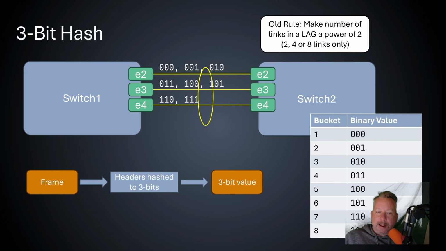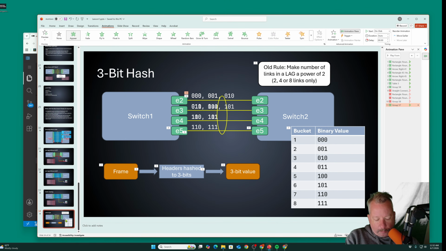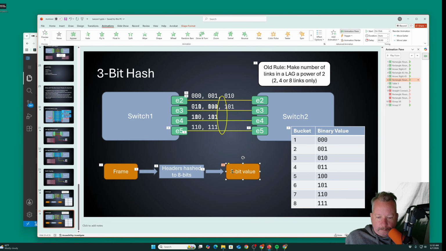These days, we don't have that rule, because most of the algorithms use a much deeper hash. So today, how would I do this? Let's say it was an 8-bit hash, an 8-bit value.